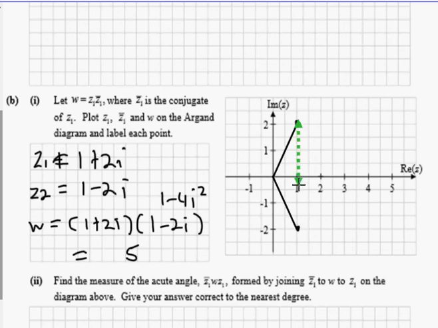It moves from there all the way down to there. Mirror image in the x-axis is what the conjugate does. Now, it then asks me to draw W. Where's W located? 0 plus 5i, which makes it over here. So Z1, conjugate of Z1, W.